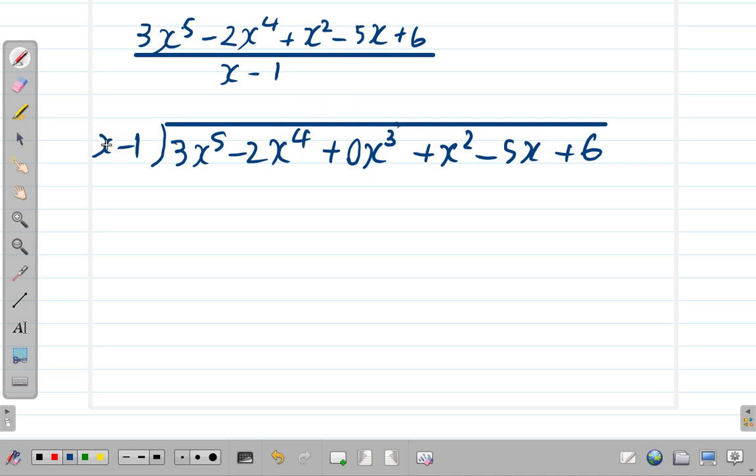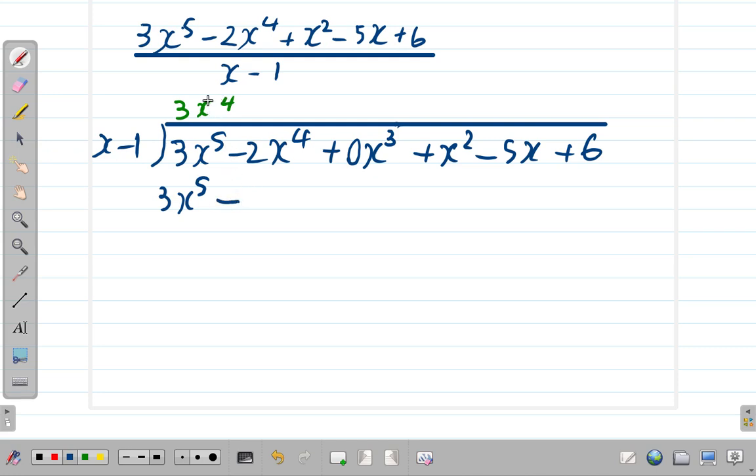So let's go. x into 3x to the power of 5 is 3x to the power of 4. That's what you have. 3 times x to the power of 4 times x is going to be 3x to the power of 5. Right?